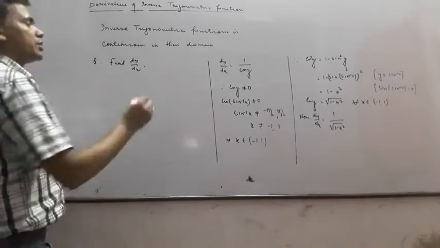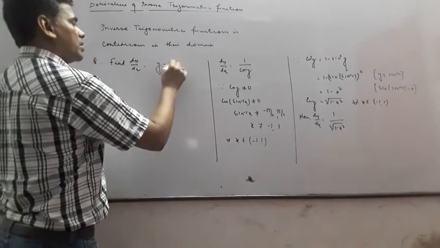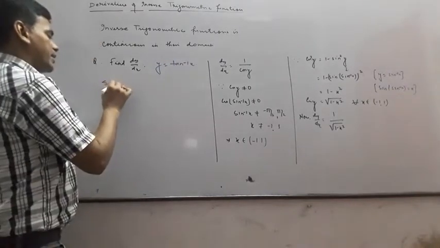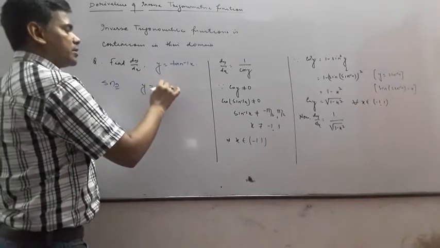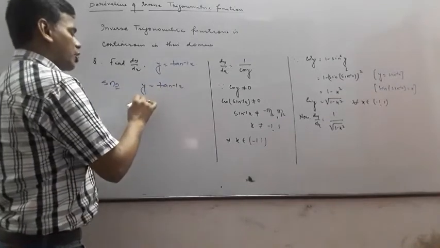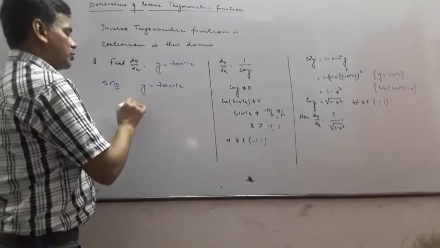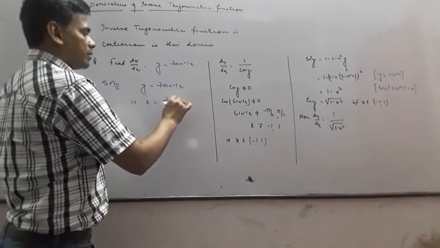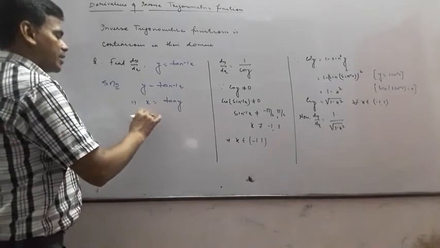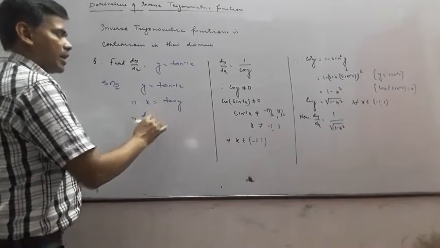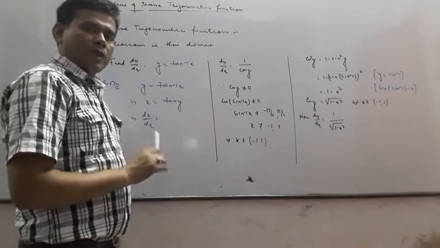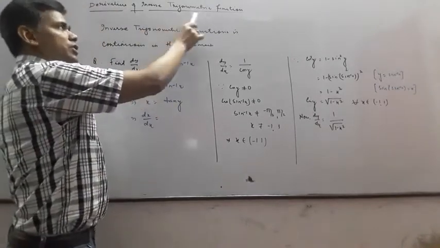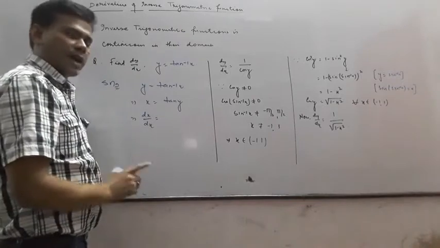Our next question: suppose you are given y equals tan inverse x. Differentiate. So y equals tan inverse x. First of all, you write x equals tan y. Now differentiate. One thing I want to add: you will have to differentiate inverse trigonometric functions by using the chain rule.